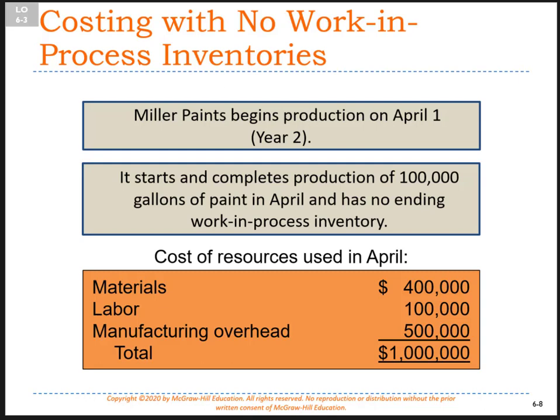So we just simply add up our materials, labor, and manufacturing overhead. Since we're only making one product, and we don't have any work in process inventory, then obviously all the costs, including all the manufacturing overhead, were used to make that 100,000.